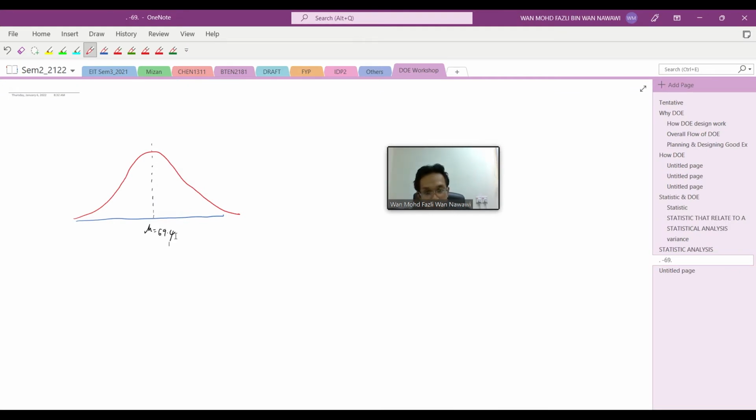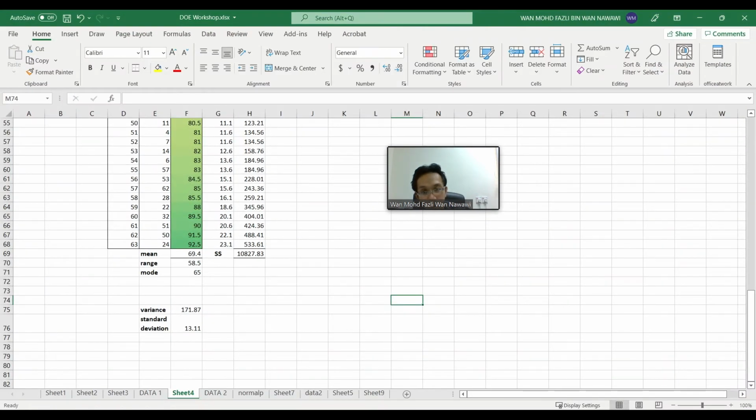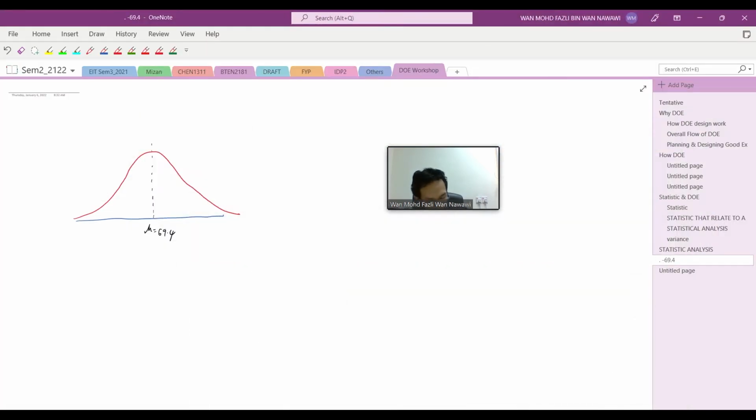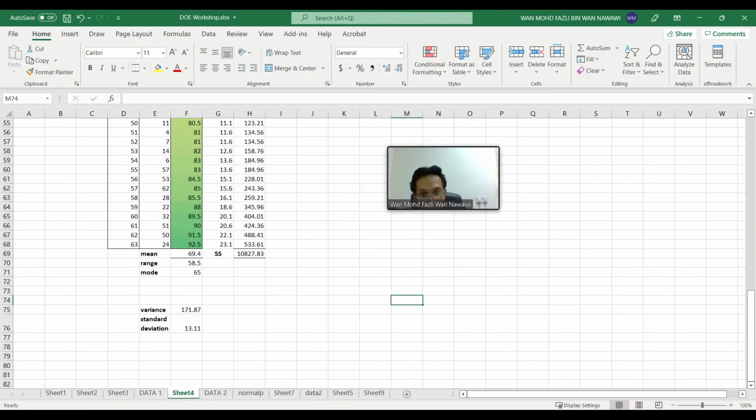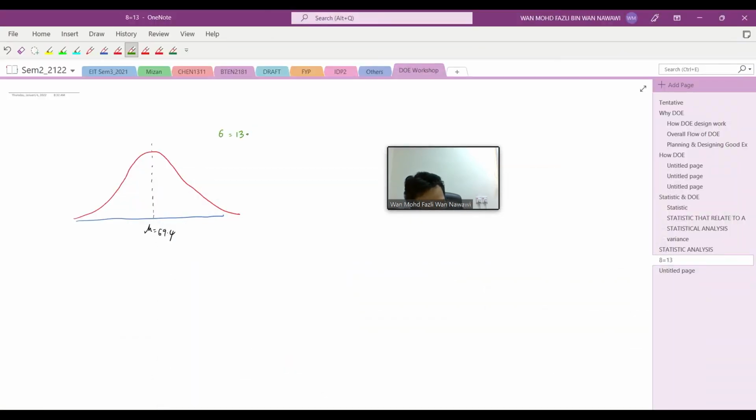The variance is 17, and the standard deviation is 13.11. This is the standard deviation for the class.